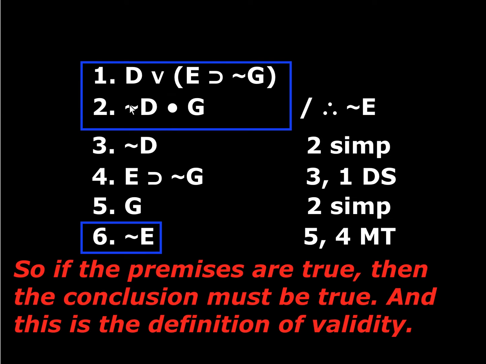So that means that if the premises are true, the conclusion has to be true. And that's the definition of validity. Okay? So that's why this method works. It's because of the definition of validity and the fact that the one feature that a rule has to have in order for us to be able to use it in the proof method this way is that it has to preserve truth. And all of the rules we have preserve truth.